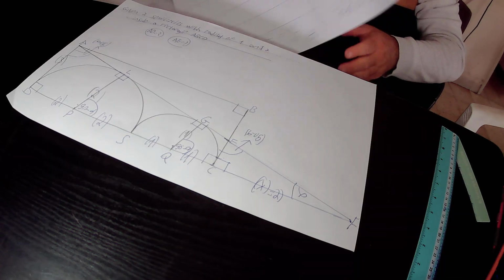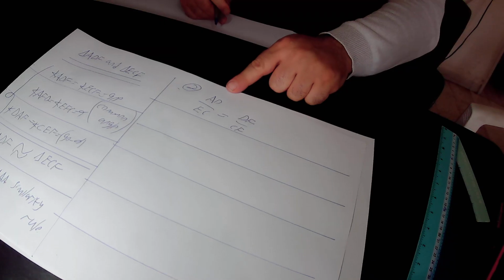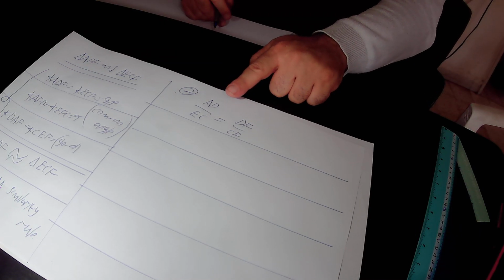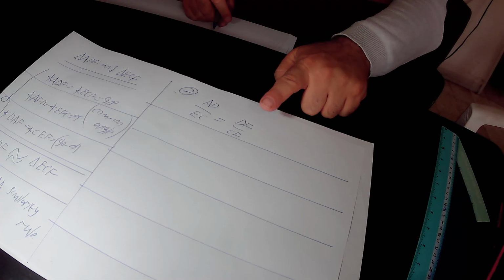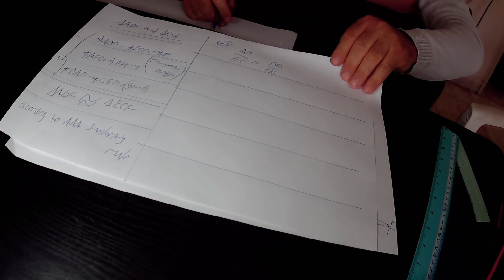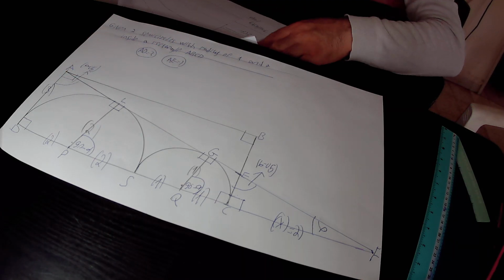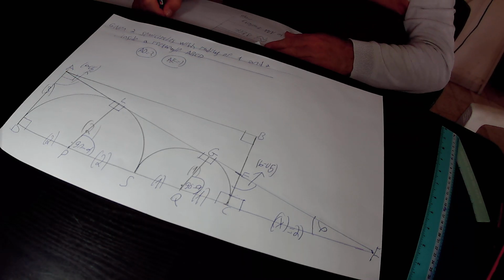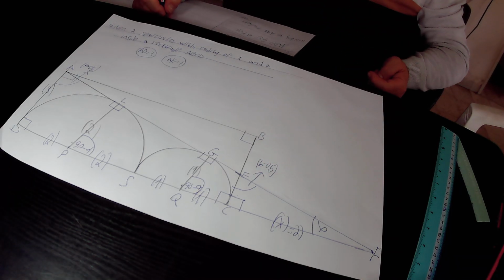So to repeat, side AD in the big triangle over side EC in the small triangle equals side DF in the big triangle over side CF in the small triangle. AD equals 3 units over EC. EC is the missing side, so we leave it as it is.